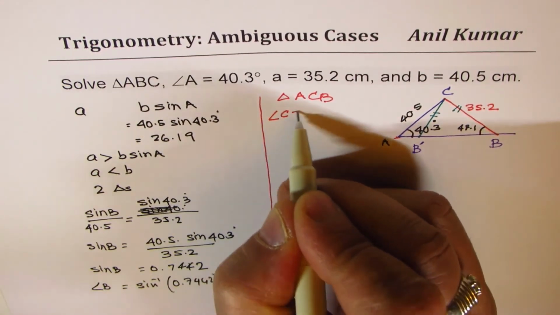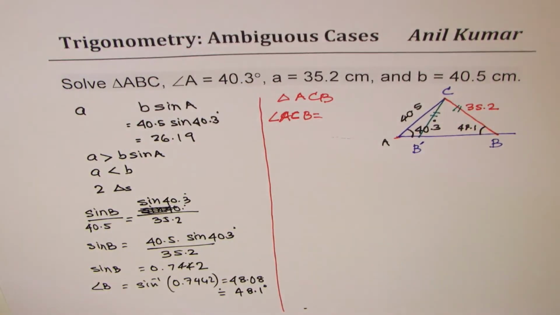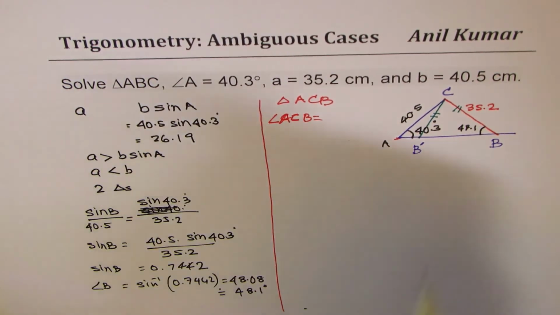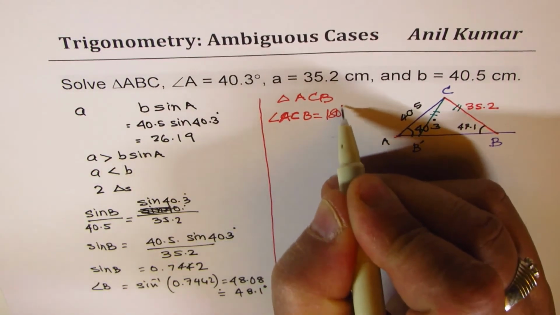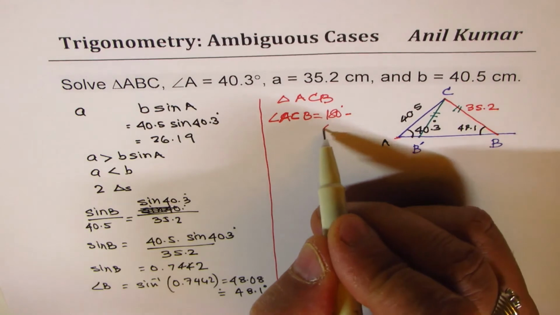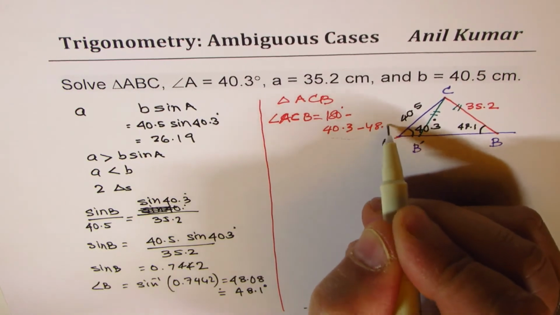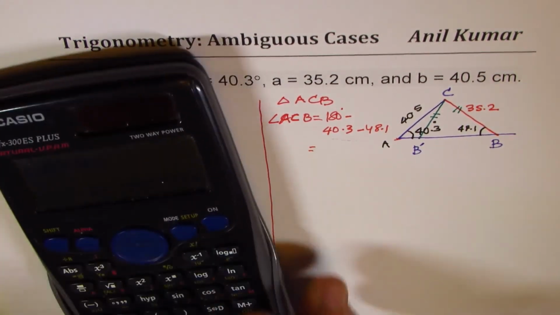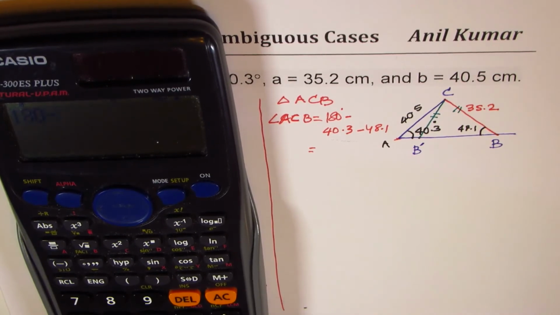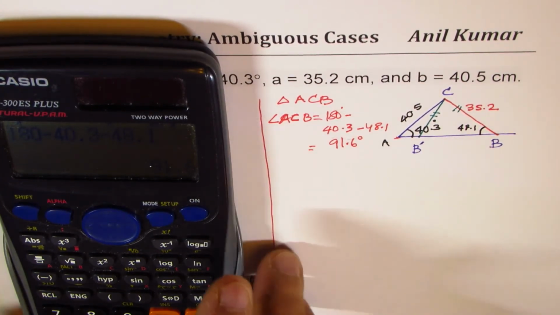So the angle ACB is equal to 180 degrees minus 40.3 minus 48.1. In decimals, it is 91.6 degrees, correct?